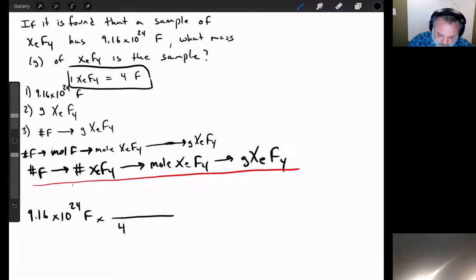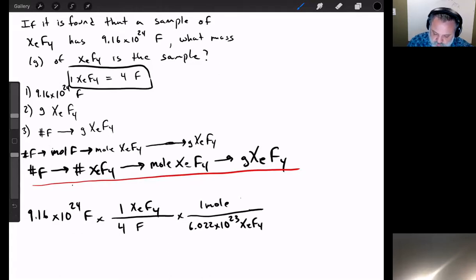For every 4 fluorine atoms, there is 1 xenon tetrafluoride molecule. For every 6.022 times 10 to the 23rd xenon tetrafluoride molecules, there is 1 mole of xenon tetrafluoride.